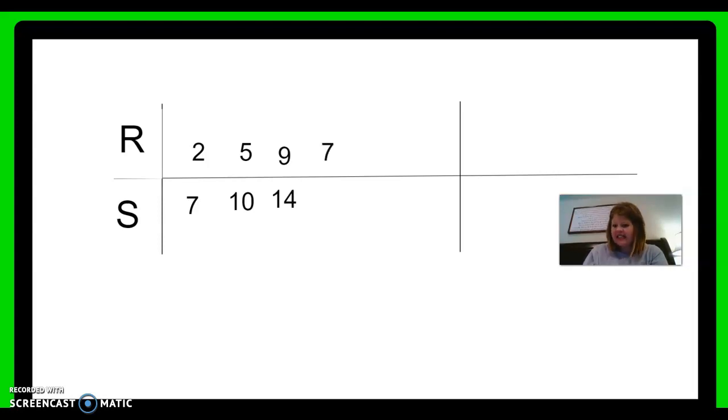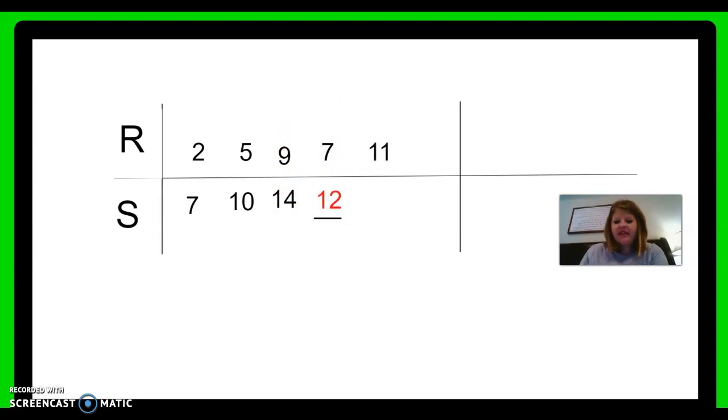If R is 7, does that confuse you because we're not going up? We dropped from 9 to 7. Don't let it confuse you. You're still doing the same thing to get this number. So what have you done here to here? From here to here, here to here. So if R is 7, S is what? 12.